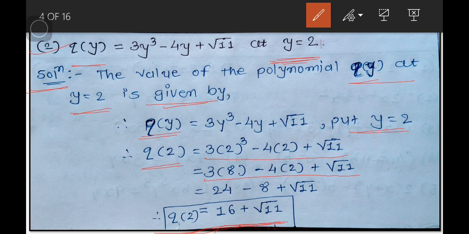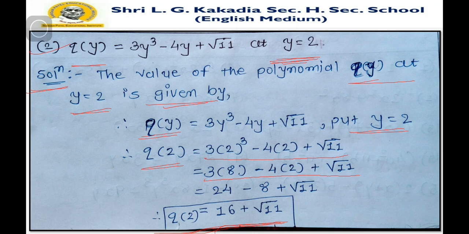So it was about the value of polynomials. How can we find the value of a polynomial? By replacing the variable x by any value, we get the value of the polynomial.